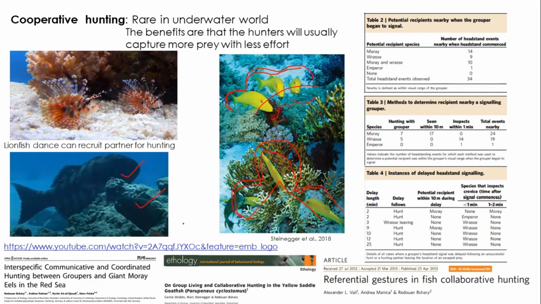So these are two very good examples. One is the yellow saddle goatfish, which does intraspecific cooperative hunting, and the other example is the grouper and moray eel cooperative hunting. Also, there is one more example, lionfishes.